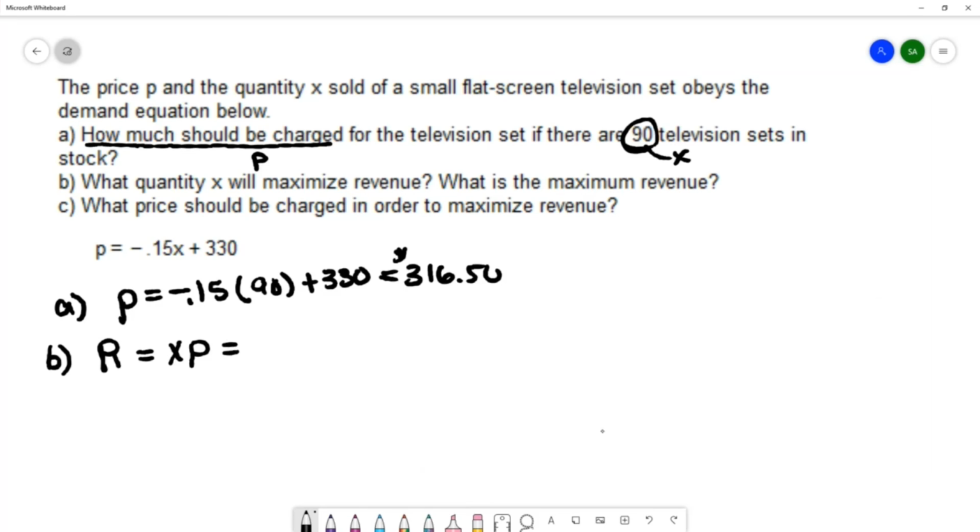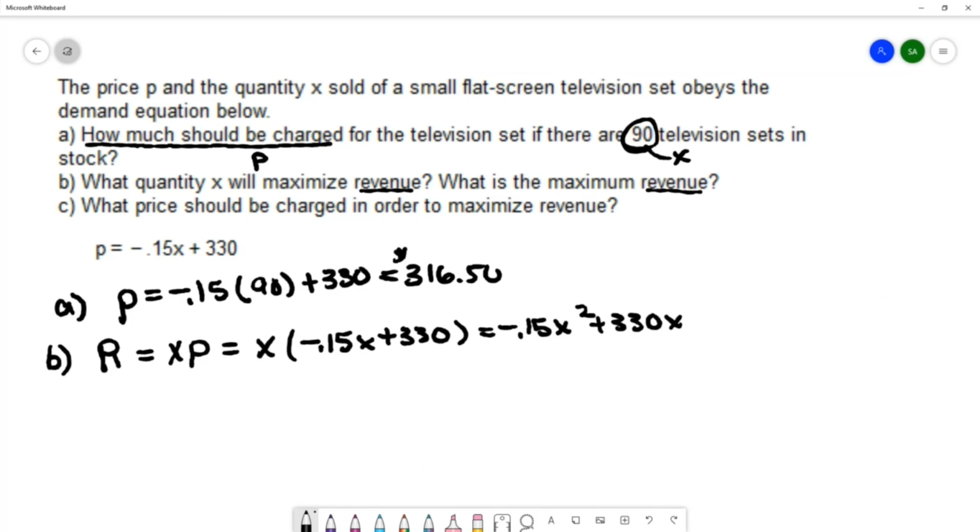So we're going to be able to build this revenue function, X times P. It's going to be X times negative 0.15X plus 330. And I'll use the distributive property to get negative 0.15X squared plus 330X.